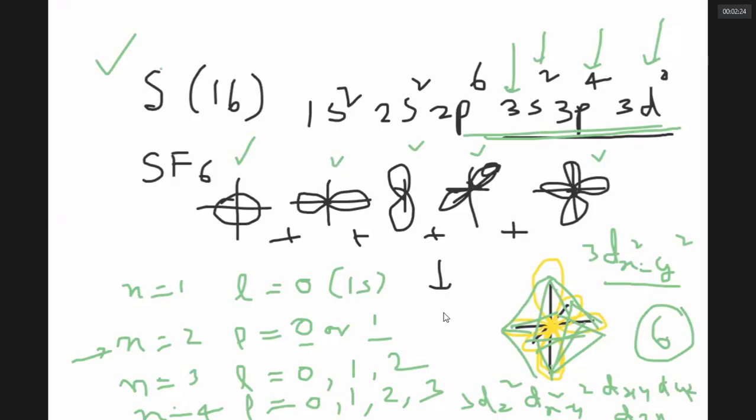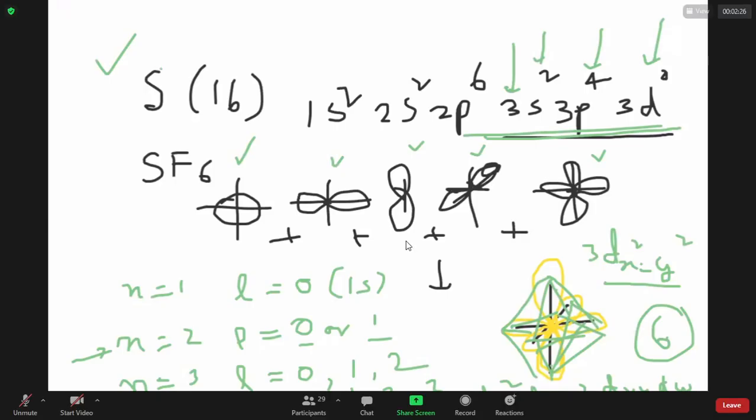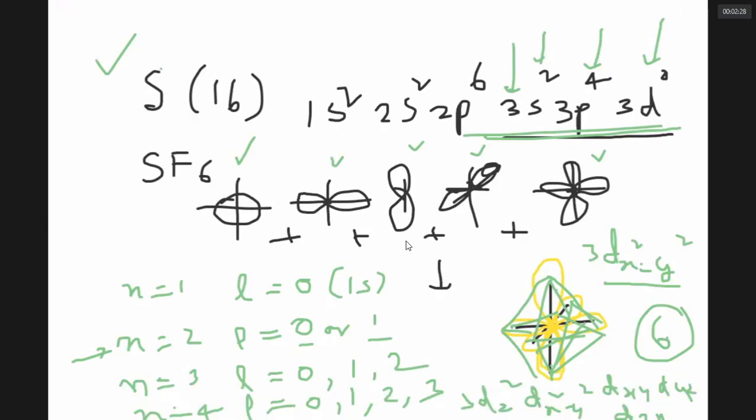Because px, py, pz are lying on the axis. Can you see? Now the d orbitals that lie on the axis are either dx square minus y square or dz square. All other d orbitals, dxy, dyz, dzx, lie in between the axes.